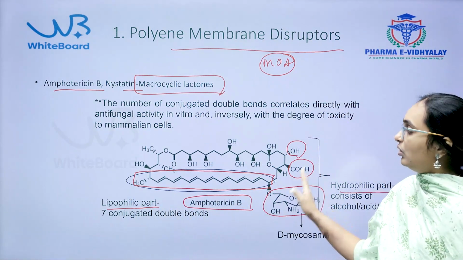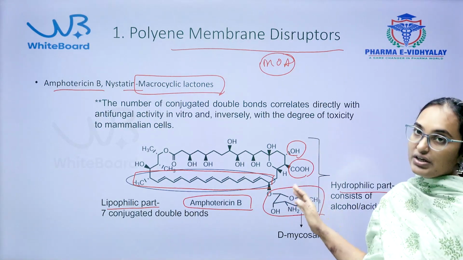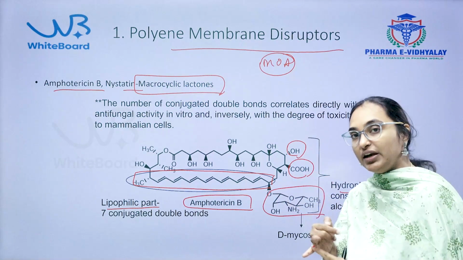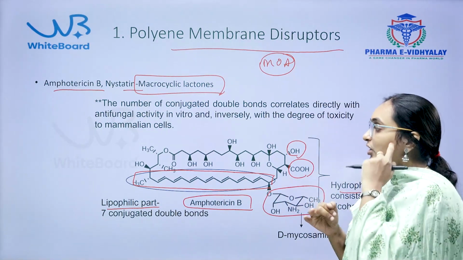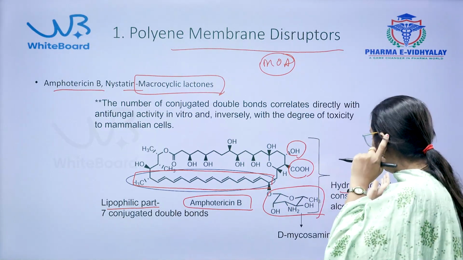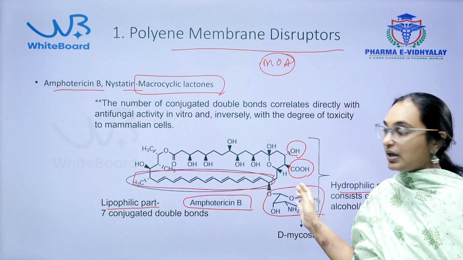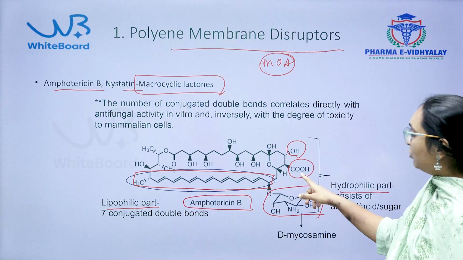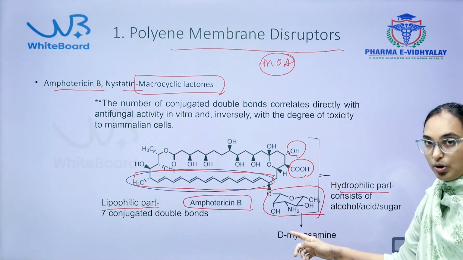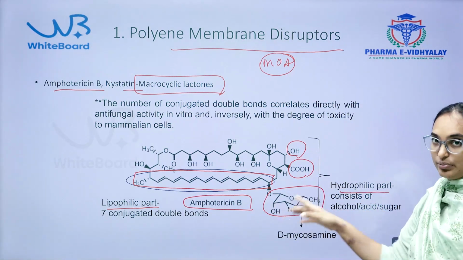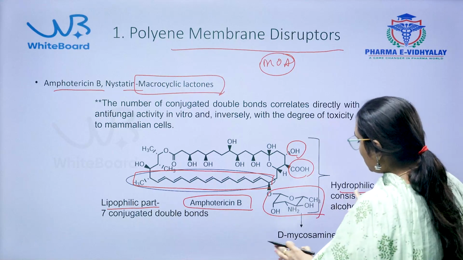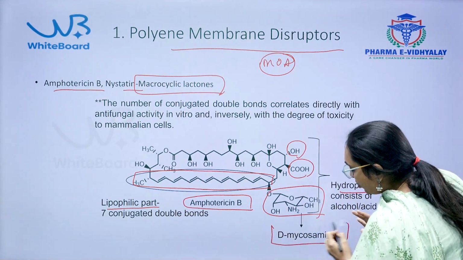Okay, so antifungal antibiotics, for example amphotericin B and nystatin, consist of two parts, a hydrophilic part and a lipophilic part. The hydrophilic part consists of acid molecules, alcohols and sugar molecules. Especially in amphotericin B, the sugar molecule is D-mycosamine.